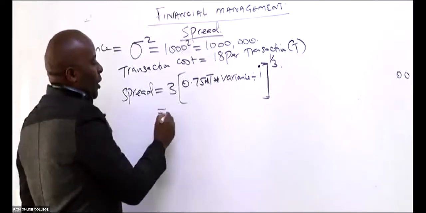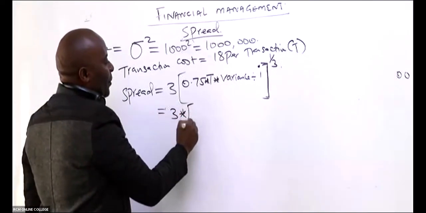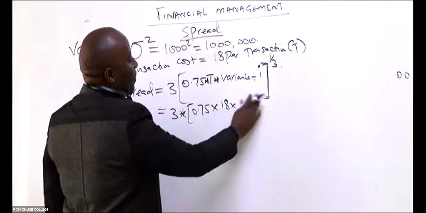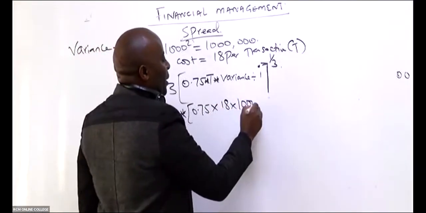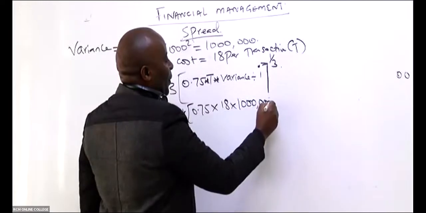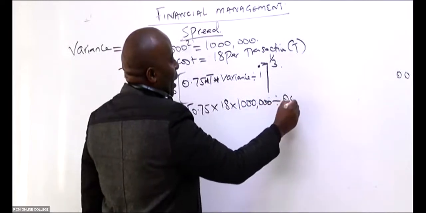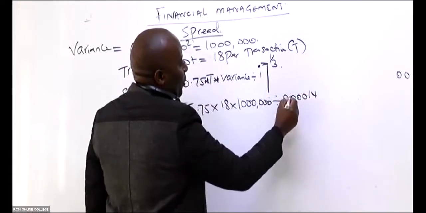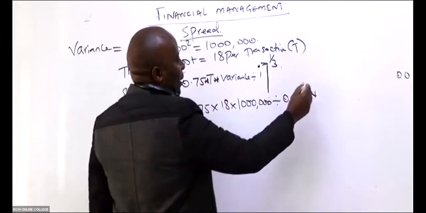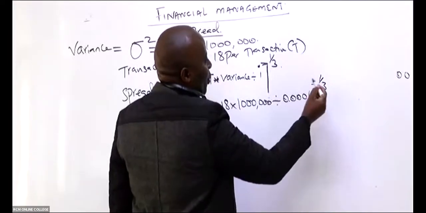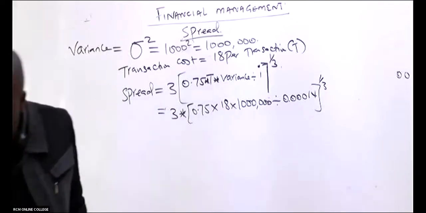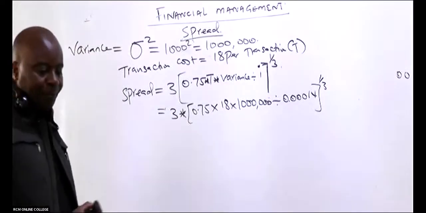So this will be 3 times 0.75 times 18, times our variance of 1 million, divided by our I, which was 0.00014. And whatever we get, we raise this to a third.